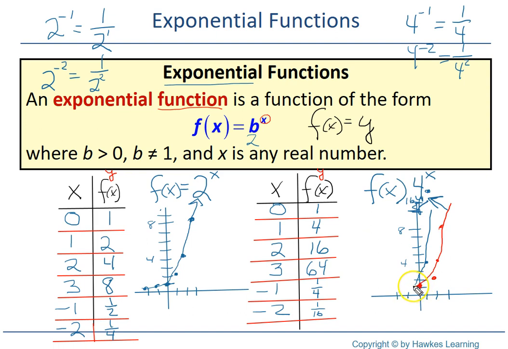And then down here, the blue would be 1/4, so really close, and then 1/16, a little closer to this side. So again, this is some background, and we spent almost 10 minutes on this to give you an idea of what's happening as we do exponential functions.